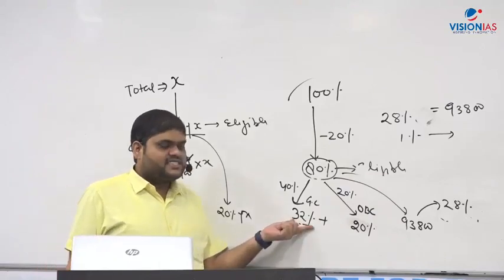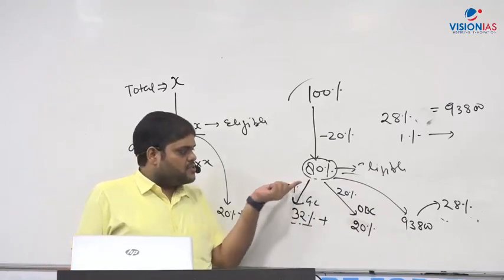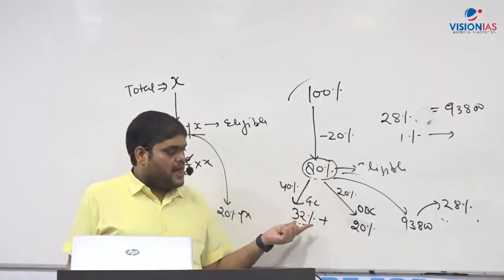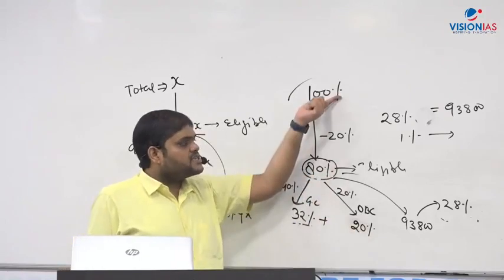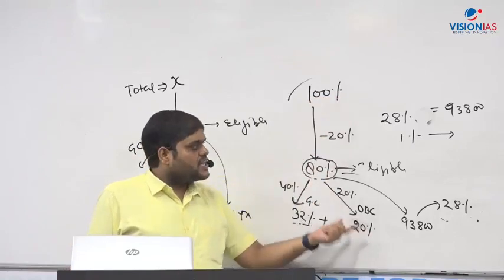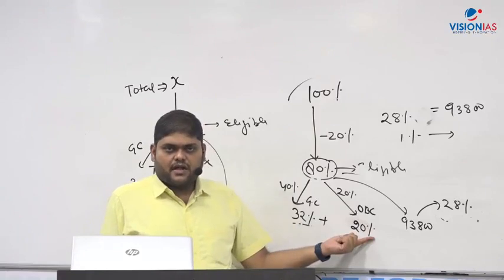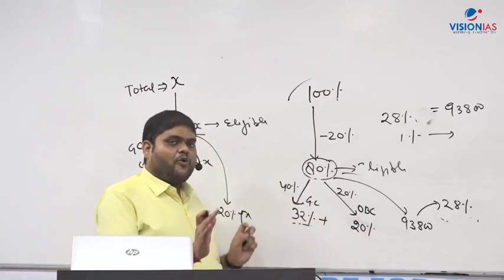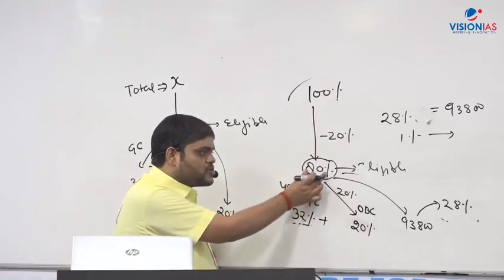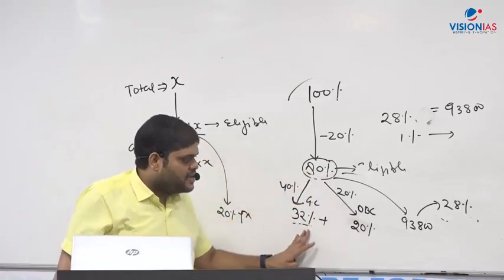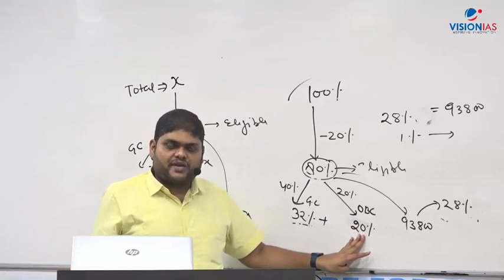And where is this 32 coming from? Because 40% of this becomes 32%. And now OBC is 20% of the total, and the total is 100%. So if you see how much is left, out of 80%, 32% is of the general category and 20% is of the OBC category.